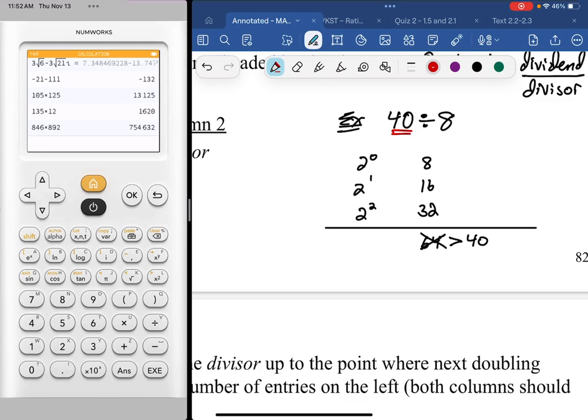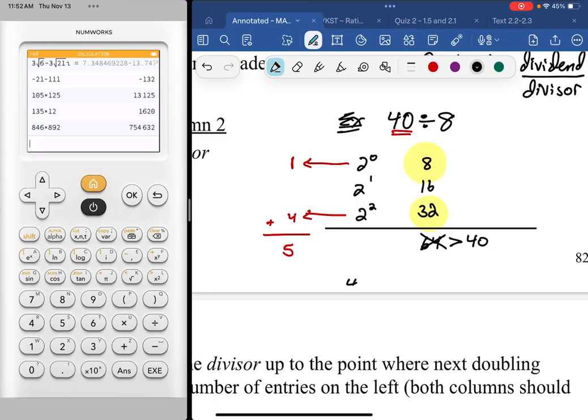So that's my target number. Out of the 3 numbers I have here, if I take an 8 and add to it a 32, 8 plus 32 is equal to 40. So I'm going to use these 2 entries. That's a 1, that's a 4. 1 plus 4 is equal to 5, and so therefore 40 divided by 8 is equal to 5.